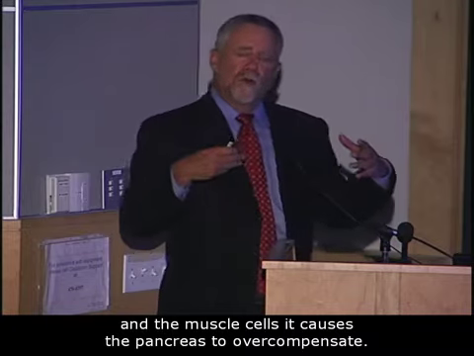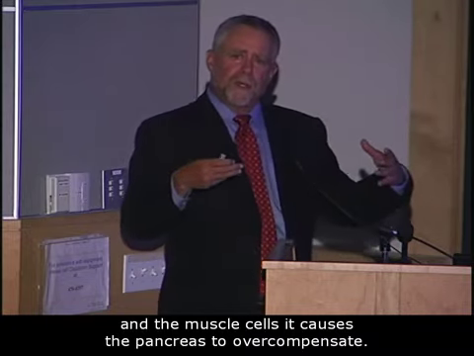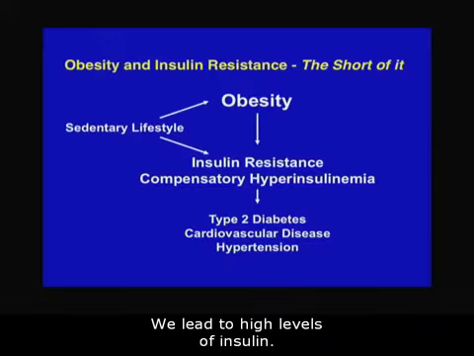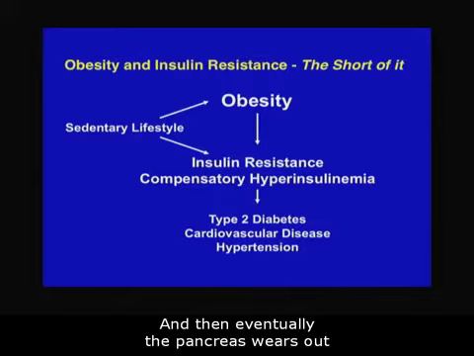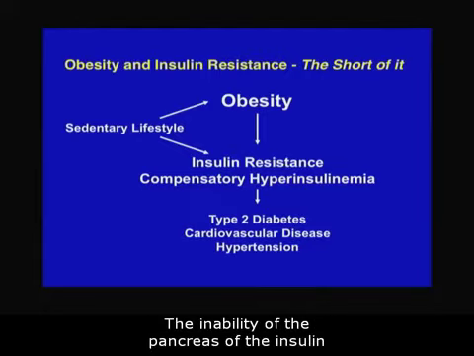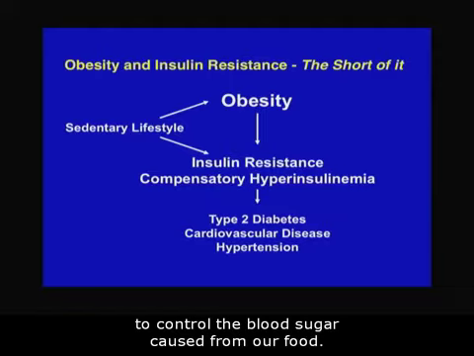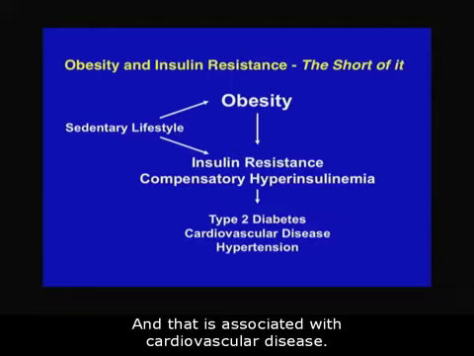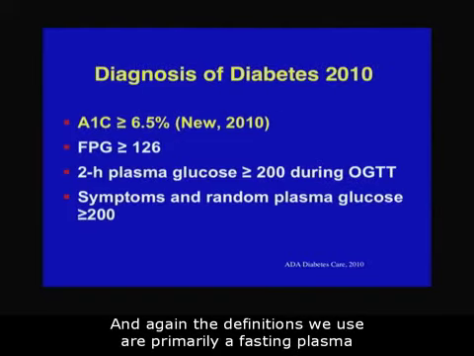It causes the pancreas to overcompensate, leading to high levels of insulin, and then eventually the pancreas wears out and develops type 2 diabetes. That is the inability of the insulin to control the blood sugar caused from our food. And that, of course, is associated with cardiovascular disease.